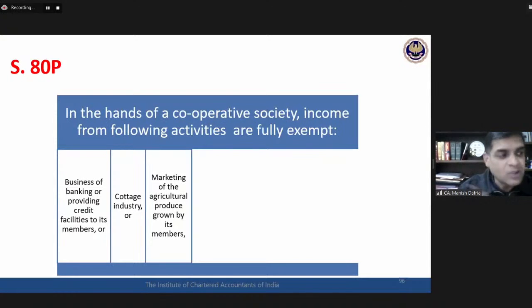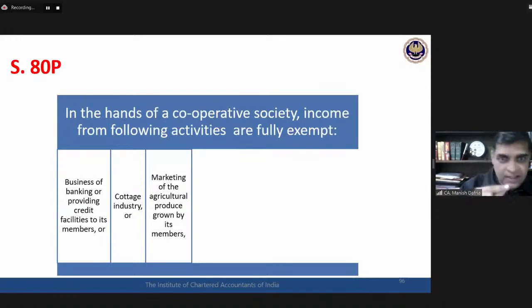No, you cannot claim an exemption. So what is being marketed should be an agricultural produce. The exemption is very, very specific. Every single word is important. So what should be the activity? It should be marketing. Marketing of what? Agricultural produce only. Any other thing, what you are marketing is not an agricultural produce, exemption is not available.